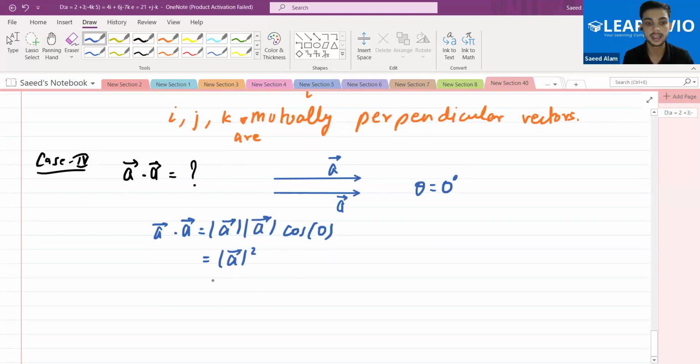So it looks like the dot product of a vector with itself gives us the square of the magnitude.